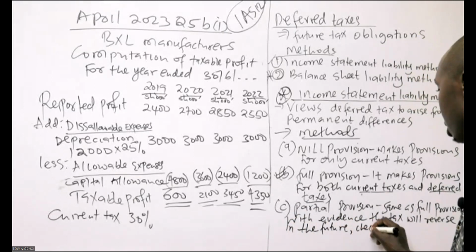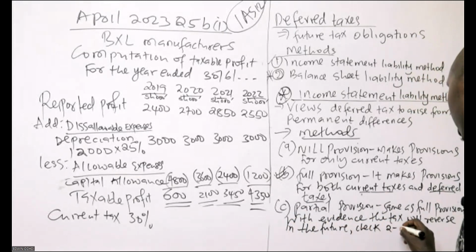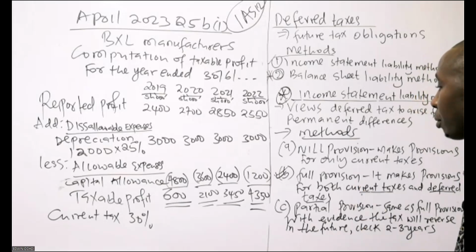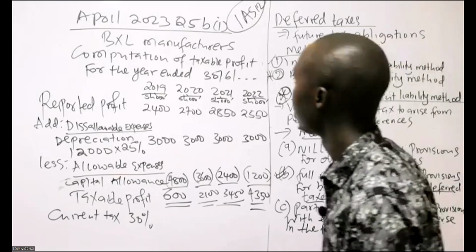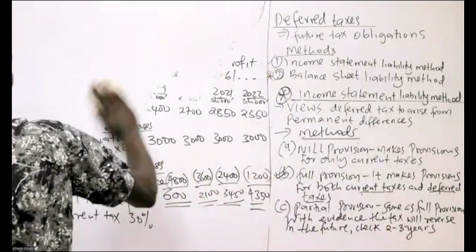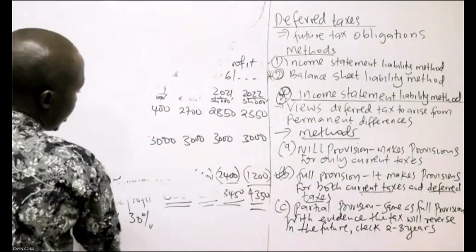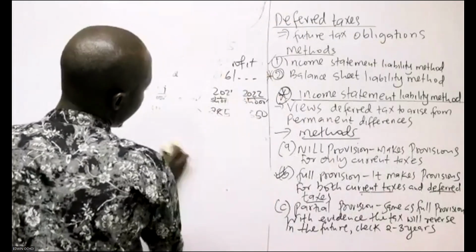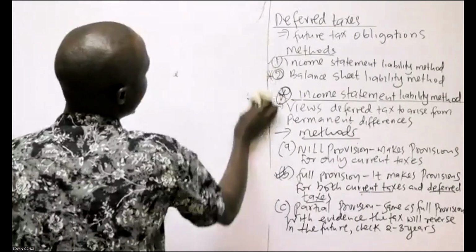You check 2 to 3 years. So partial provision is the same as full, but we assume that there will be a reversal of the tax which we provided for in the future period. You check 2 to 3 years.